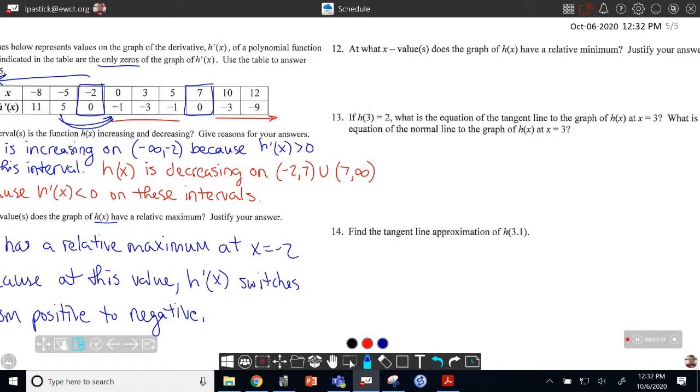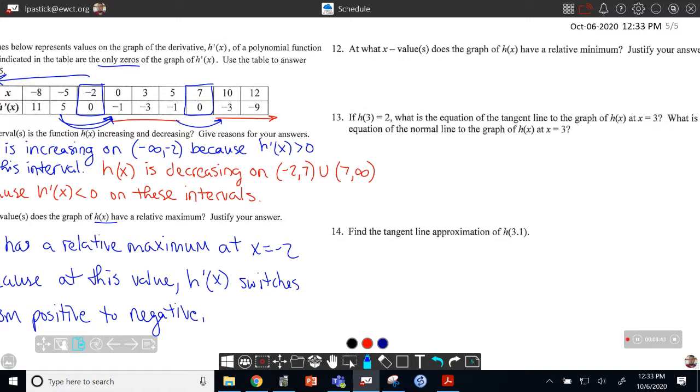It went from positive to negative. So what happens at the next 0? It goes from negative to negative. That means on both sides of x equals 7, the graph is decreasing, which means there is no place in the graph anywhere where the derivative goes from negative to positive.